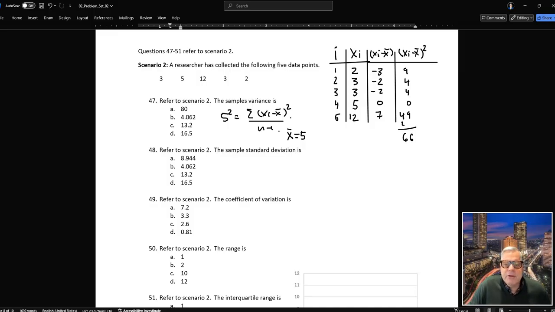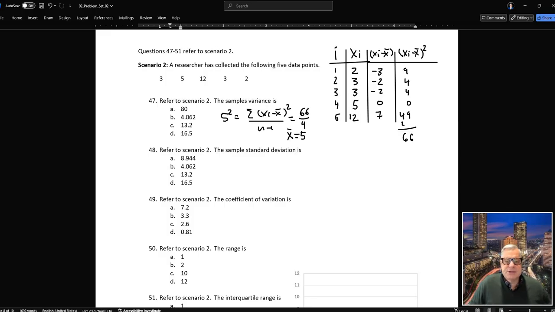Okay, so now we have here in the numerator 66, and now we need to divide by n minus 1, which is 4. So we have 66 over 4. Let's double check again. 9, 13, 17, 26 plus 40, 66.